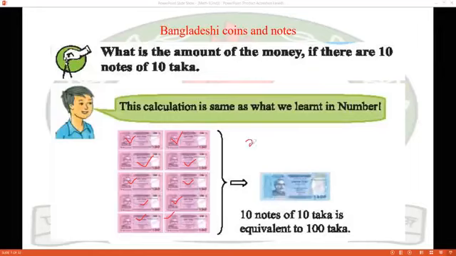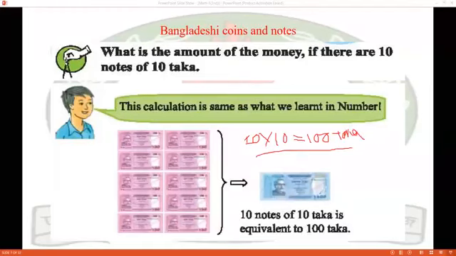When you add 10 taka notes, we ultimately find it out by the multiplication process, 10 taka with 10 notes. 10 into 10, we get 100 taka. So 10 notes of 10 taka will make 100 taka.